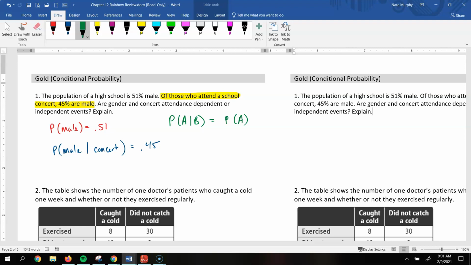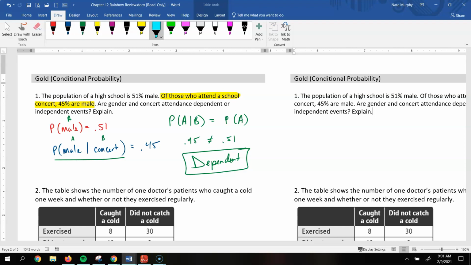Well, we have this is the probability of A given B. If this is our A and this is our B, then the probability of male would be our probability of A again. And so we're saying that 0.45 here does not equal 0.51. So that means that these are dependent events. So it's important to remember this formula to show whether they're independent or dependent events. Again, if they're equal, they're independent. If they're not equal, they're dependent.